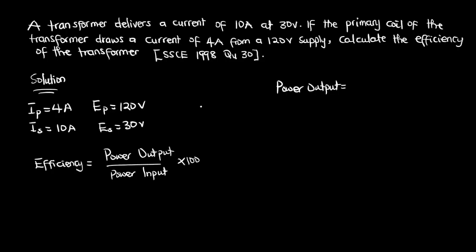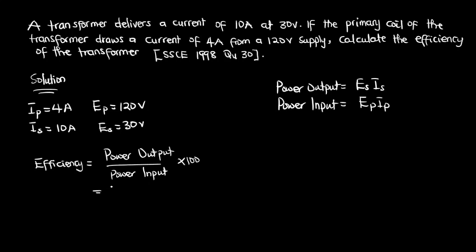Now power output is equal to the product of the voltage in the secondary coil multiplied by the current in the secondary coil. So basically it is ES multiplied by IS, and then the power input is equal to the voltage in the primary multiplied by the current in the primary.